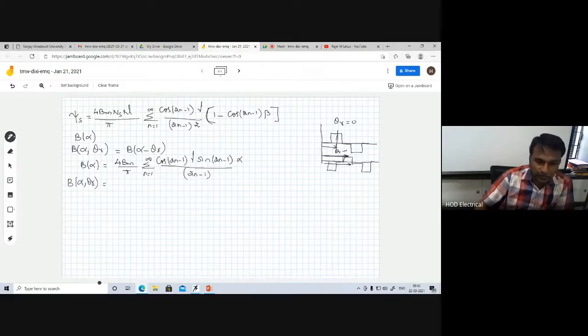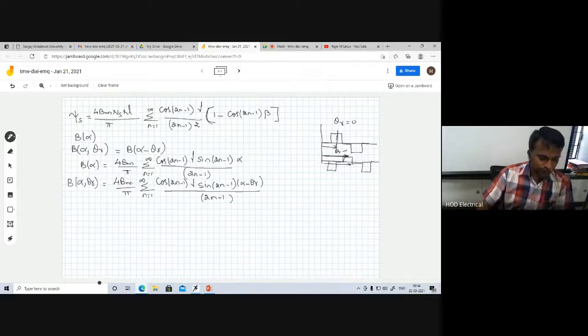So it is 4 Bm by pi, the summation of cos of (2n minus 1) gamma, sin of (2n minus 1) (alpha minus theta), divided by (2n minus 1). In this case, we have two variables, alpha and theta.